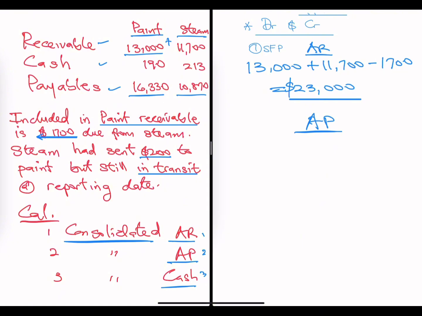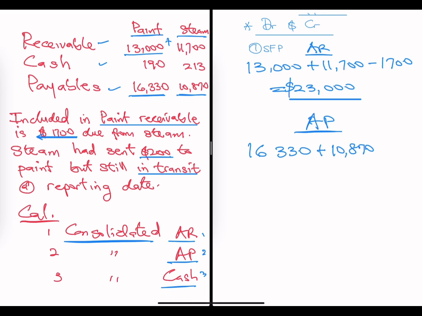If you look at the question, we have 16,330 and we have 10,870, which means we need to add those together, 16,330 plus 10,870. However, because Steam has already sent 200 to Paint, Steam will not have up to 1,700 payable to Paint again.